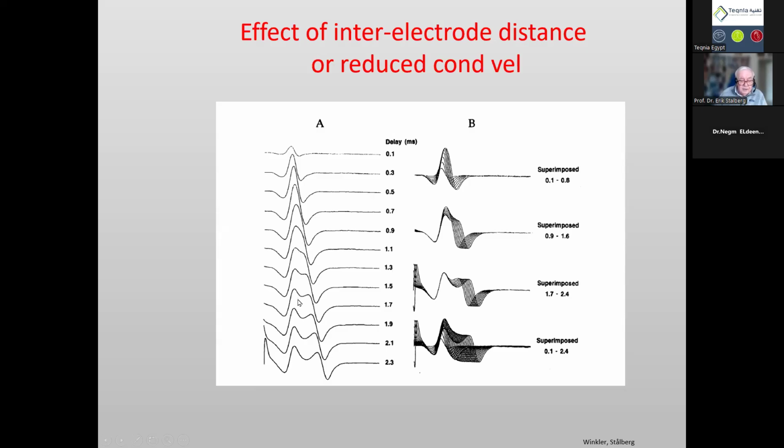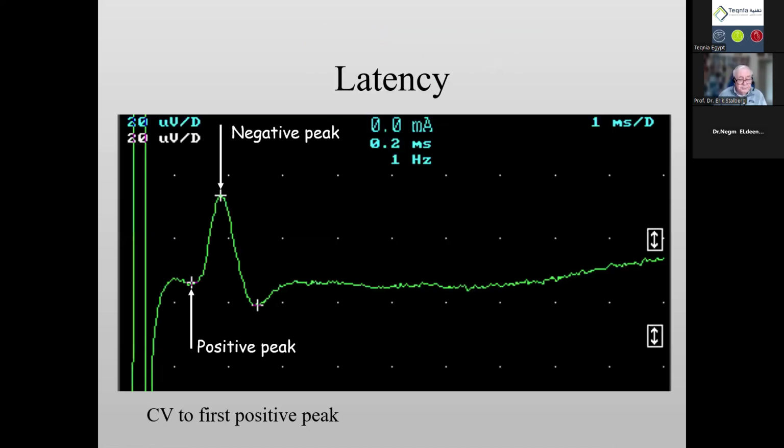And then when it's very long, you start to see the effect of the other electrode, and you get more complex signals. This is to tell that we need to be very careful with the distance between rings if we use that, but we prefer and we recommend the fixed bar electrode.